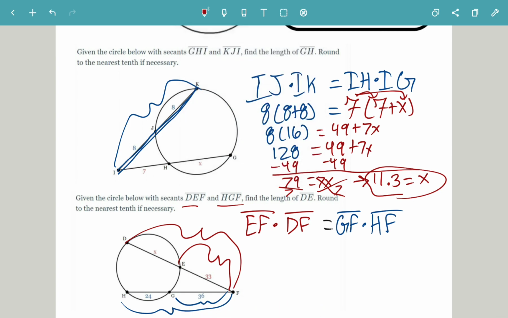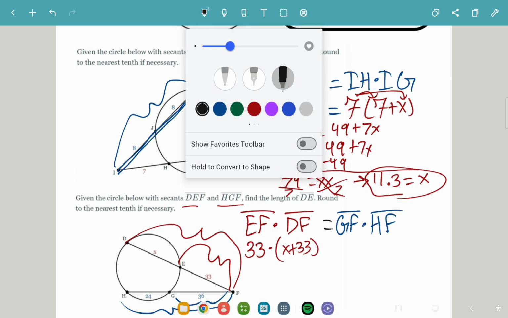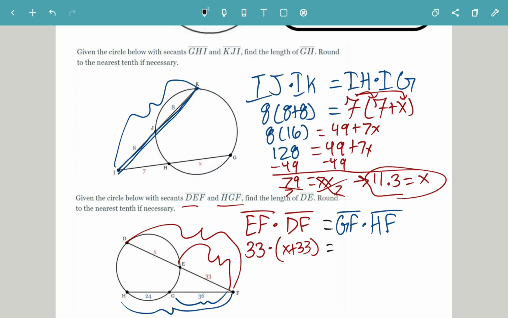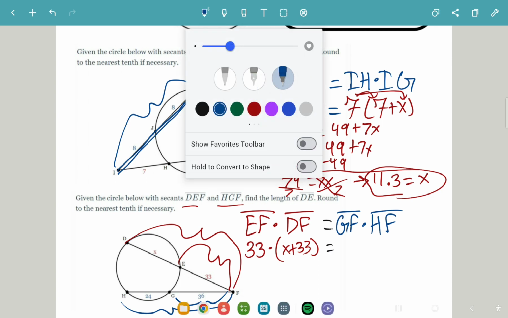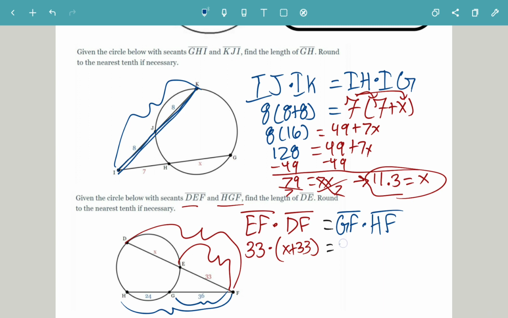So EF is 33 times DF, which is x plus 33. That is equal to GF, which is 36, times 24 plus 36.